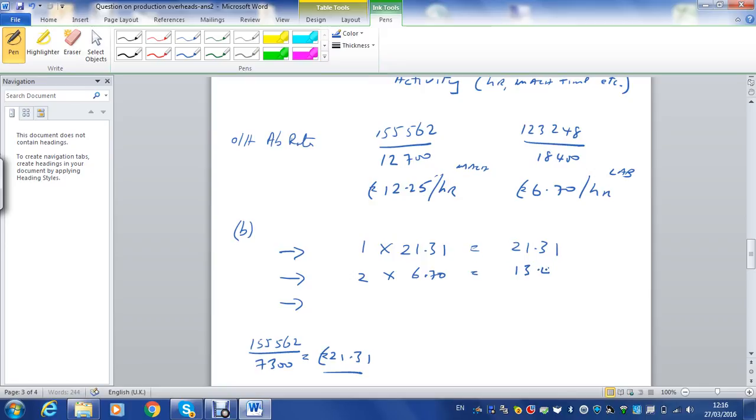And that's 1340. And the next one is 2 hours, and that's at the machine department, which is 12.25.